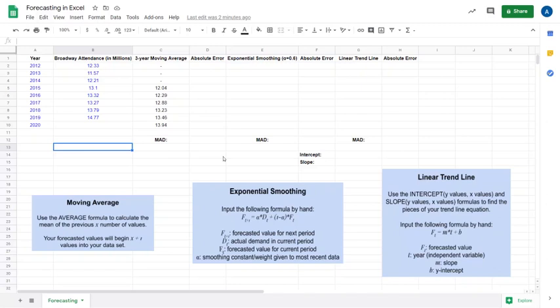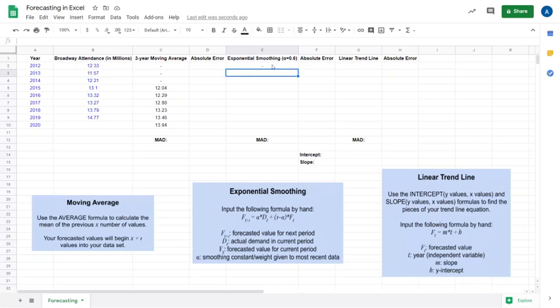All right, so I can't find an average or a forecast for 2012 because I don't have data points before it, right? I don't have a data point, I don't have a forecast, so I can't find that one. For 2013, I can find a forecast, but I'm going to have to assume that it's just really close or really similar to the previous year, right?